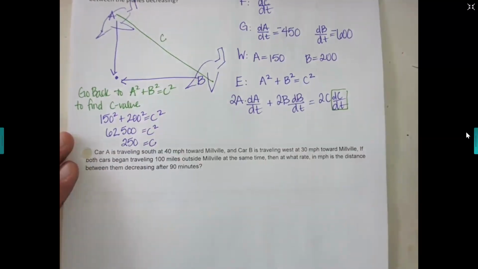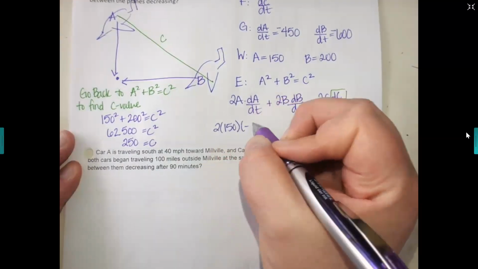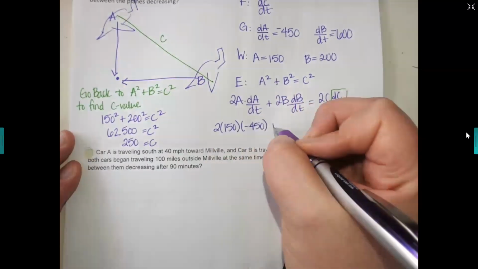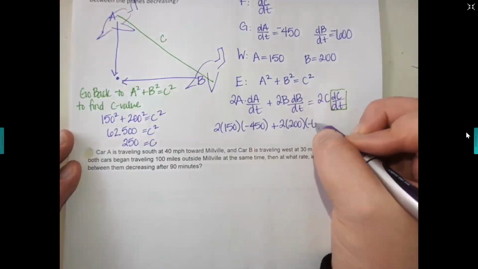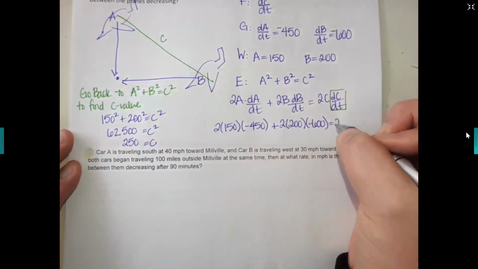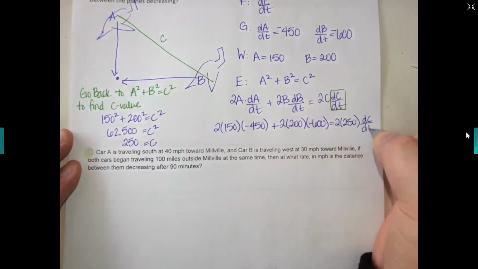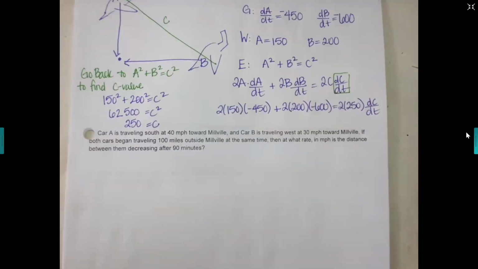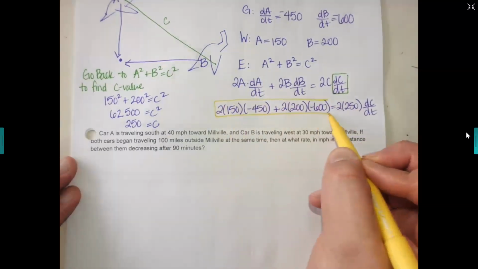Okay, so then from there, now you can plug in all your pieces and get your answer. So 2a would be 150, dA dt was negative 450. 2b was 200, dB dt was negative 600. 2c was 250, dC dt is what we're solving for. To make this the easiest on yourself, type this entire side in at the same time.